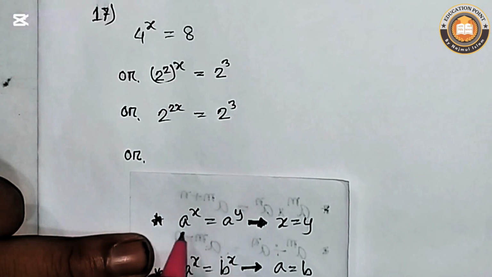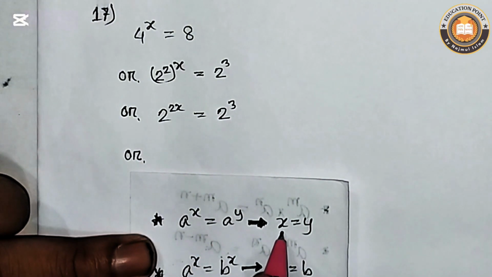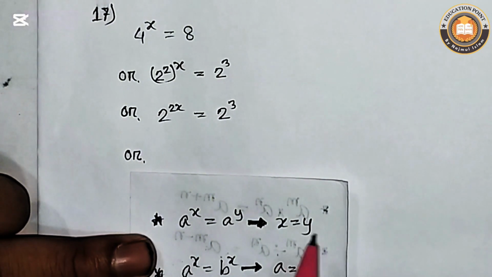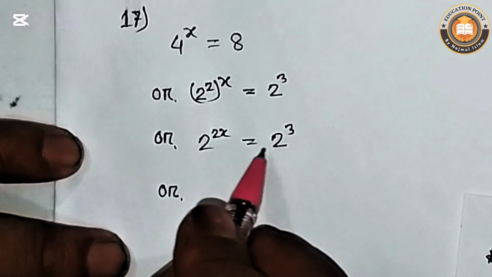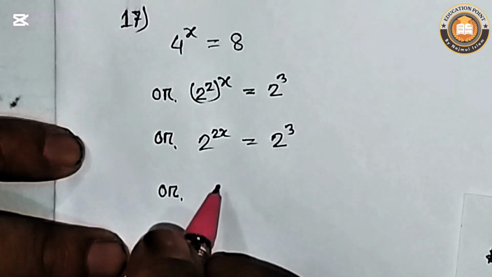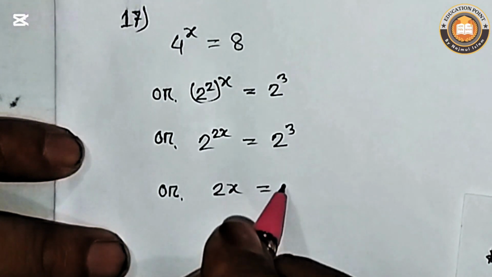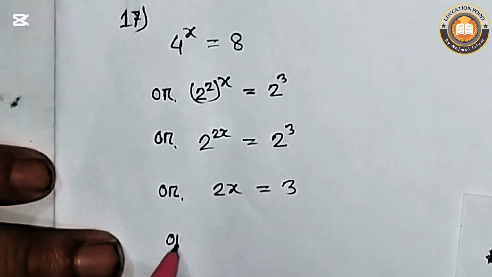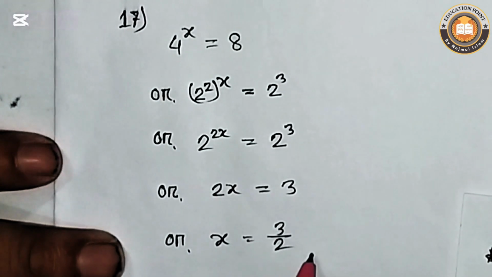Here we will apply the formula of a power x equal a power y, that means x equal y. According to the formula, here base 2 is reduced, then we can write 2x equal 3, or x equal 3 by 2.